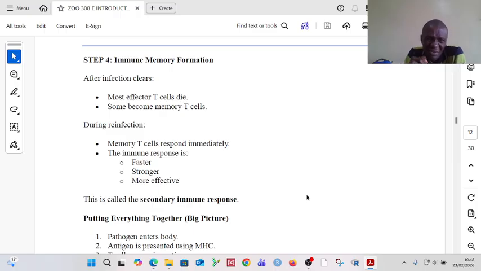It is a secondary immune response because you are using cells that were created earlier. When you had the first infection, these T cells were not cleared from the system. So when you now have the second infection, these T cells bring up a coordinated immune response. That's why we are calling it the secondary immune response.